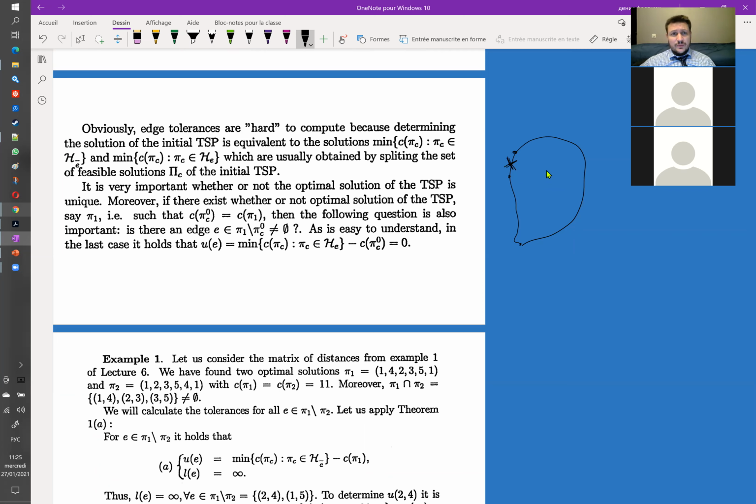But maybe we have no such problem. Maybe there is another way with the same length. So this is a problem only for this cycle, but not for all such cycles. Maybe there is another cycle with the same length, but without this edge. And the problem is how to check it, because they can differ in all edges.